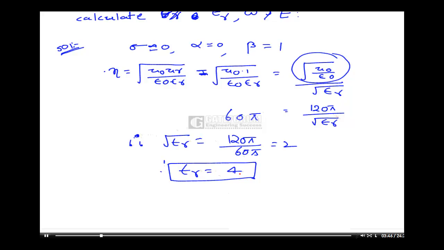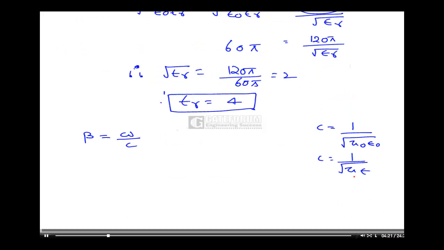The next thing is calculation of omega, because here omega is not specified. We know that beta is equal to omega by c, where c is the free space velocity. In general, c is equal to 1 by square root of mu epsilon, with mu equal to mu naught mu r and epsilon equal to epsilon naught epsilon r.